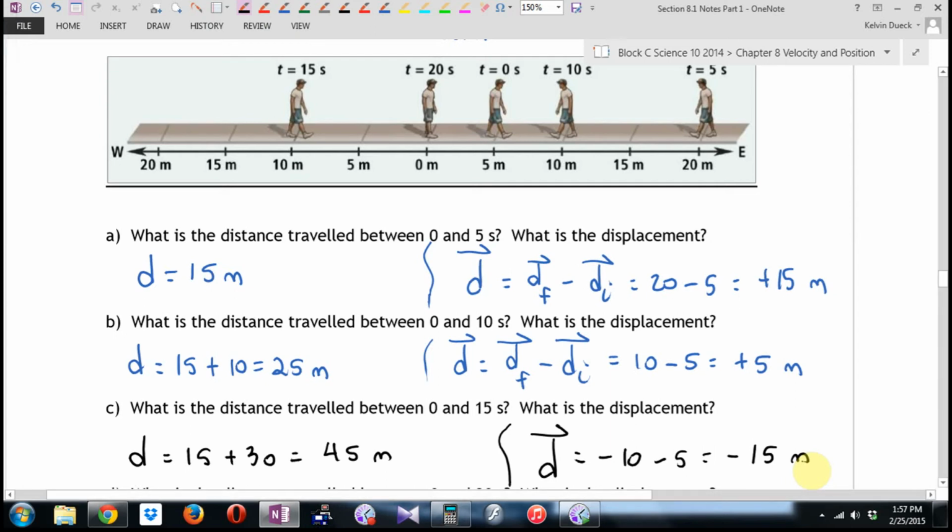Is that correct? 1, 2, 3, 15 meters to the left. So even for more complicated ones, Matt, my method, final minus initial, still bails me out. And again, some of you are saying, yeah, Dueck, I was doing it intuitively, and that's fine. But I can make it tougher still. This will bail you out every time.